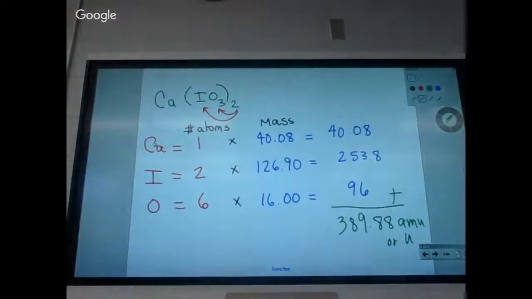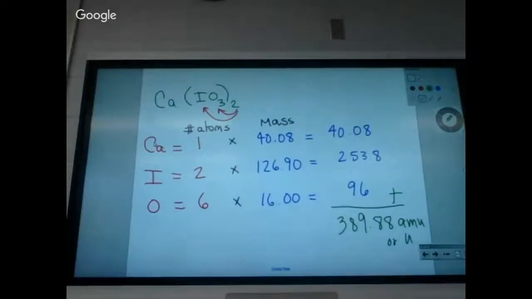There are no significant digits in this question, because did I give you any numbers to start with? No. All I gave you was a compound formula and said find the mass. So you can round off to 389. You can keep both decimal places. It doesn't matter to me. Yes, you would have to do significant digits. That's coming next.